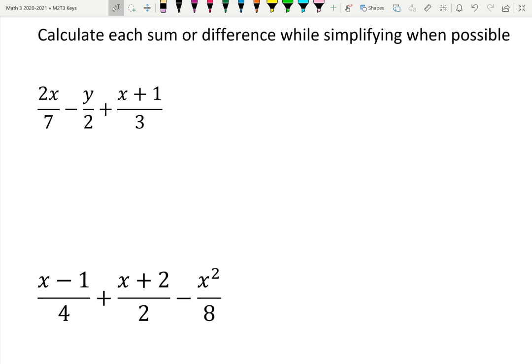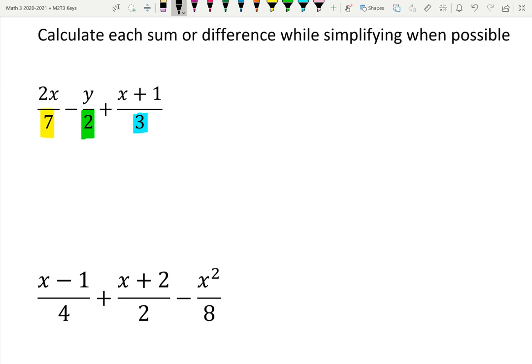And the idea is that you want to find the LCM. So when I'm looking at this, I am looking for a number that 7, 2, and 3 all go into. So 7, 2, and 3. I'm going to actually just multiply each of them by the missing factors.